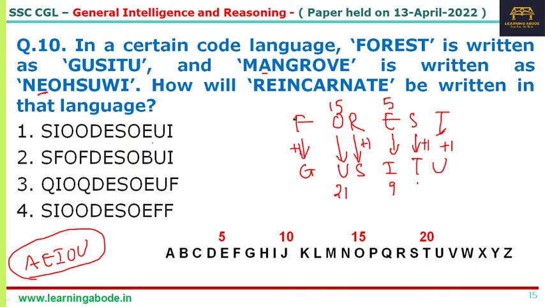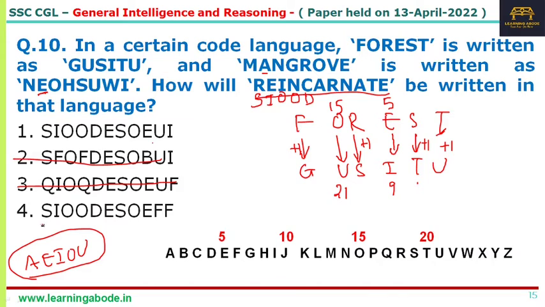Similarly, if you take reincarnate, R, the next letter will be S, E, next vowel will be I, N will be O, C will be D. Which means options 2 and 3 are ruled out.